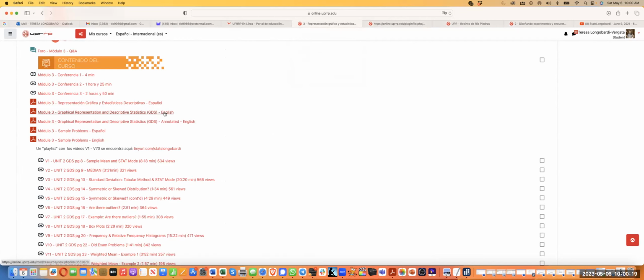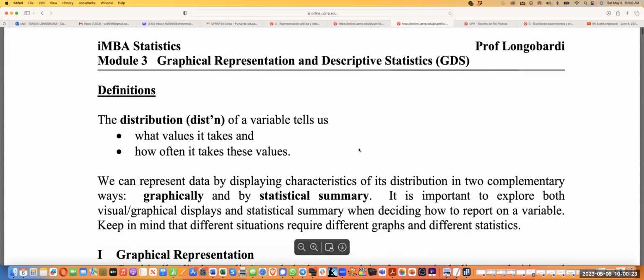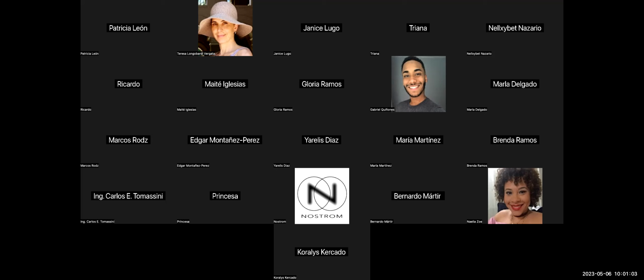If anyone wants to follow in the Spanish notes, you can open those up, but I'm going to work with this set of notes here. I'm going to start on page 2.